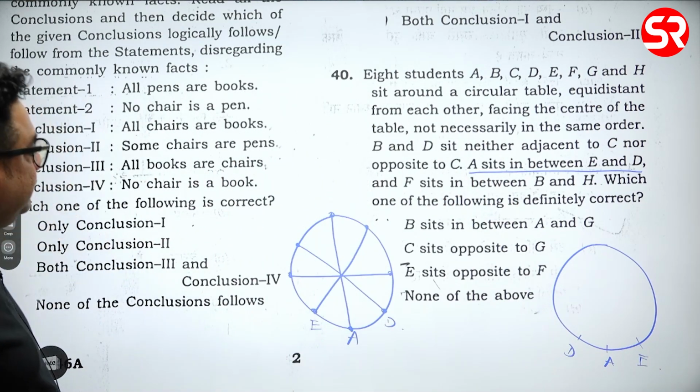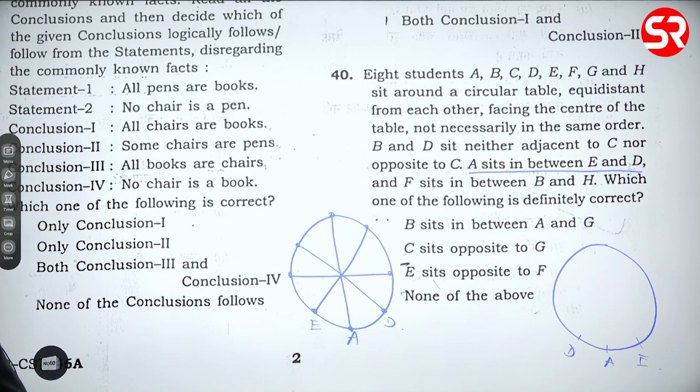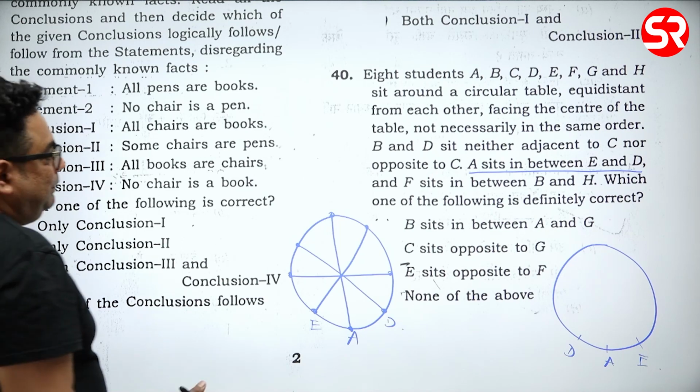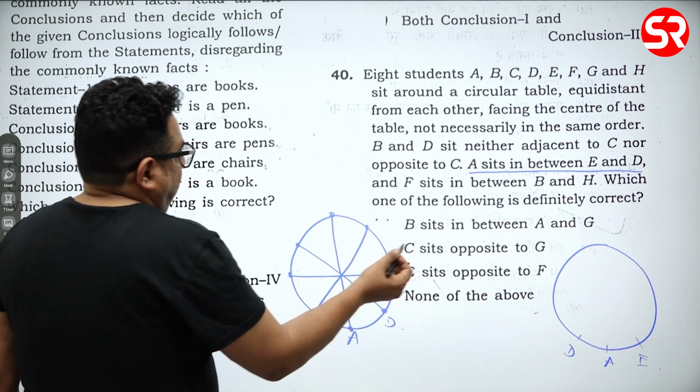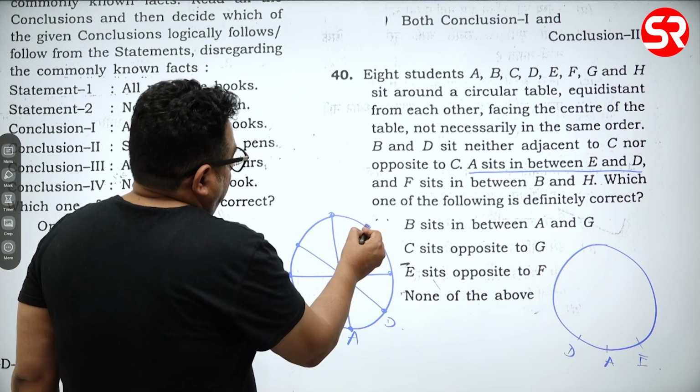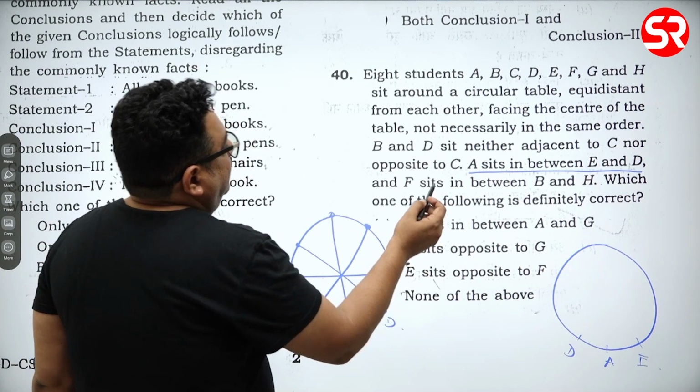D and E. Similarly, F sits between B and H. Now, if you say F sits between B and H, right? F is somewhere between B and H, and then there is a condition.